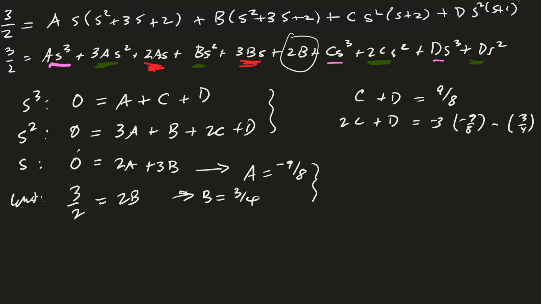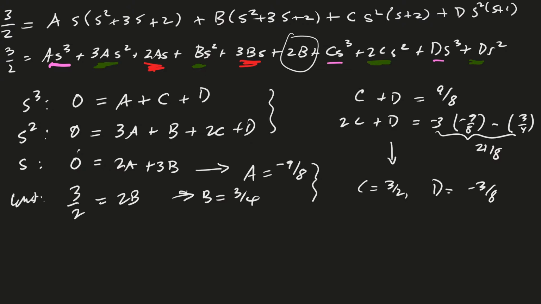And so if you solve these equations, I think this is 21/8. There are several ways to do it. We'll just go ahead and write down our answer, which is C equals 3/2 and D is equal to minus 3/8. Good.